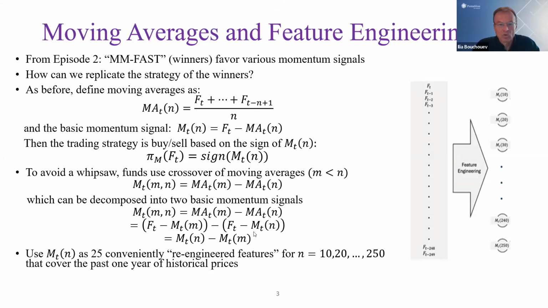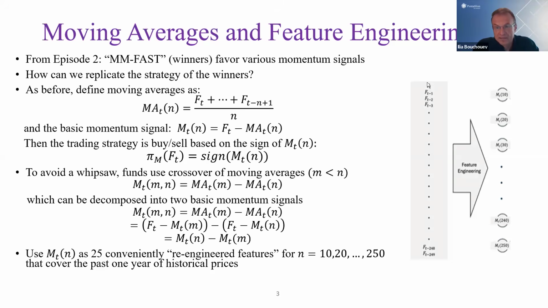Hope I didn't confuse you, but it's not that essential. The reason I did that is because that means all the crossover moving averages can be essentially mapped into simple momentum. So all we really need to do is work with simple momentum signals, and that's enough because they essentially encompass all of the more complicated signals.